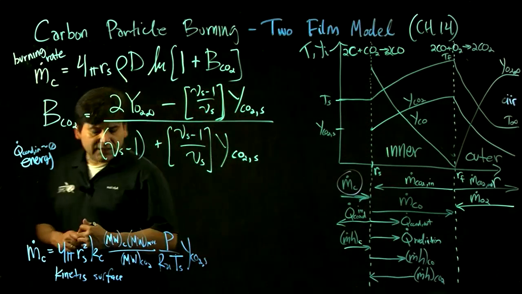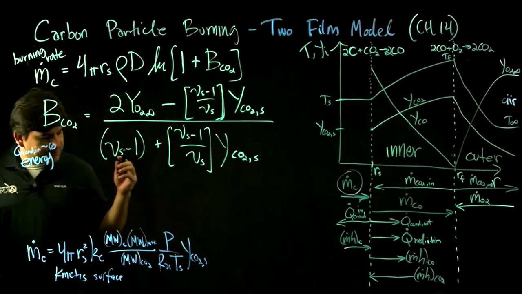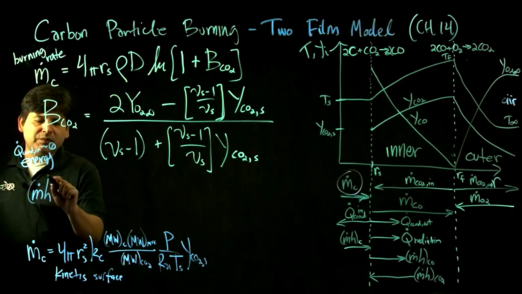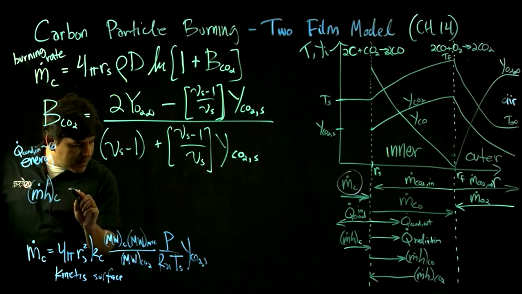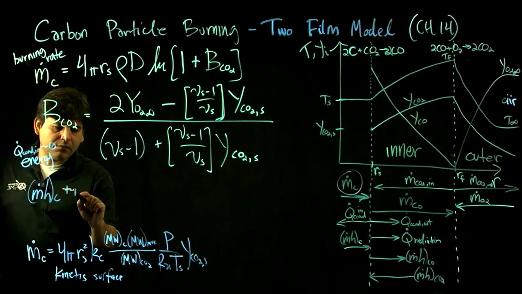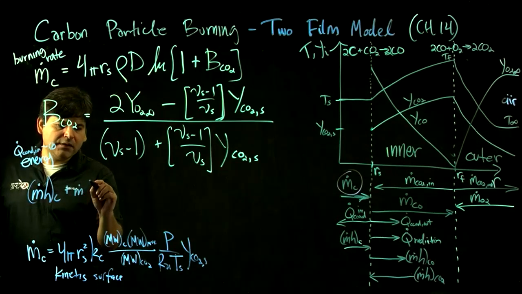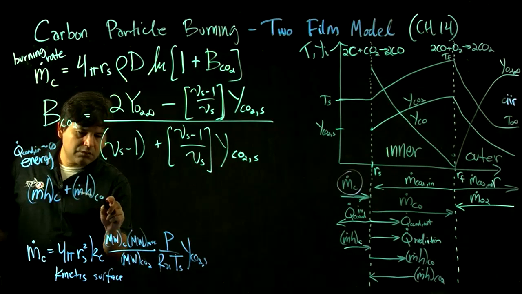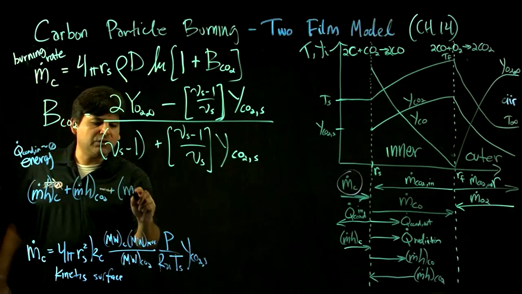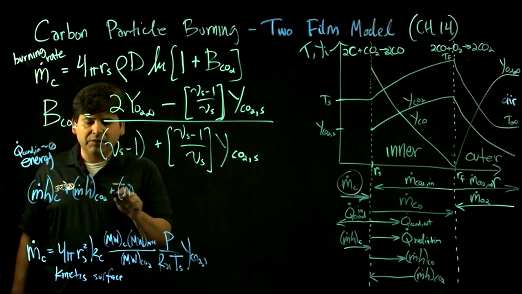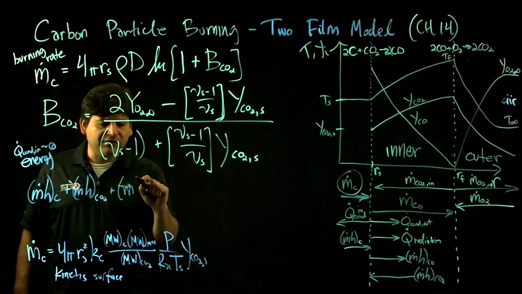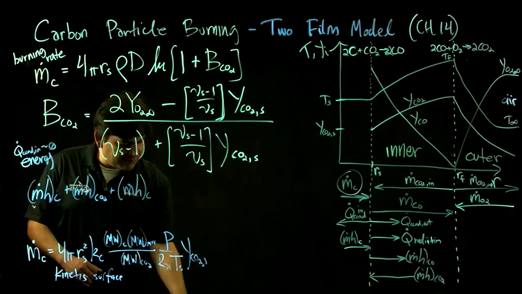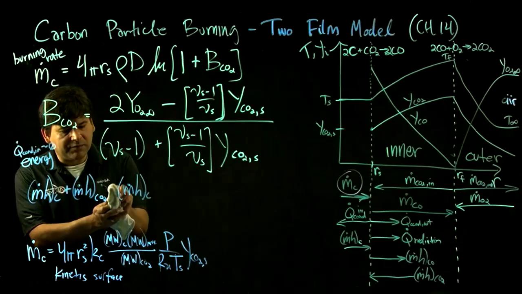So the energy balance would be the burning rate of the carbon times the enthalpy of the carbon has to balance with this enthalpy of the CO2. That has to balance with the temperature change related to enthalpy. These are all just related to changing the temperature of these molecules. The CO is coming from the other direction. That should be a minus. They're coming from opposite directions.